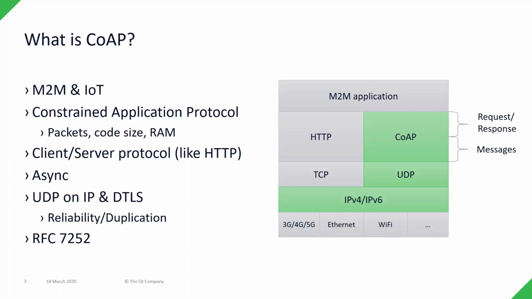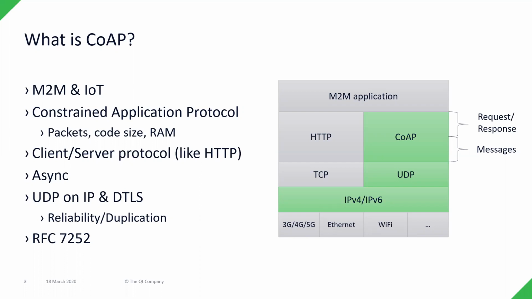In a sense, the smallest version of a single CoAP message can be only 4 bytes, and its code size, if you want to implement it, is almost only 7K RAM, and depending on your implementation, maybe 100K of code space. Those are the smallest versions that I have come across. So it's really something that you might be able to get into an MCU, even in your thermostat or other extremely constrained devices.